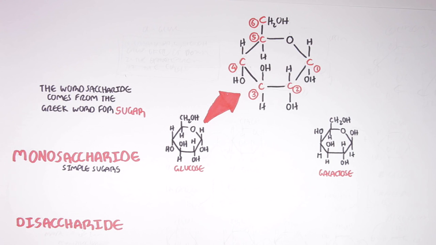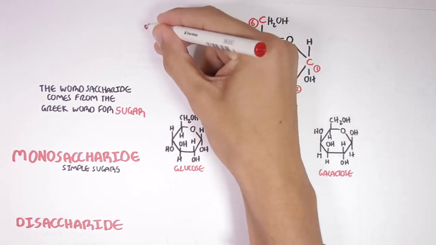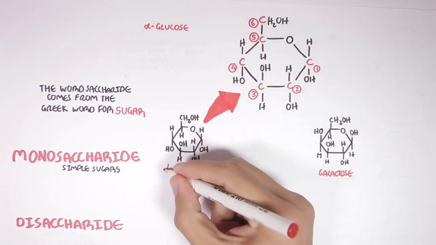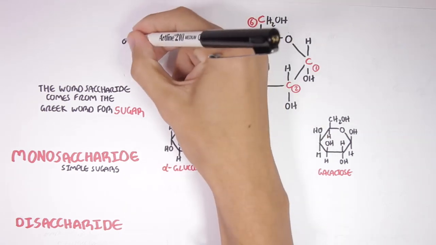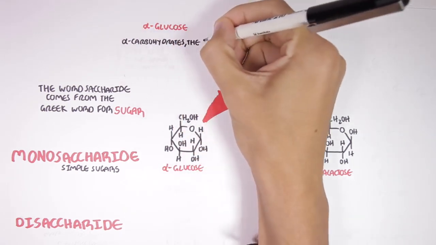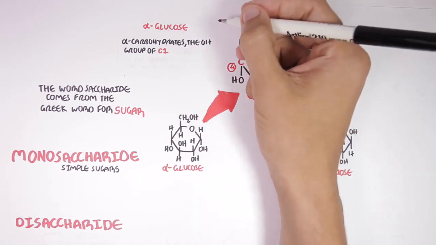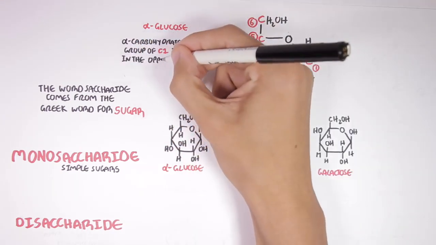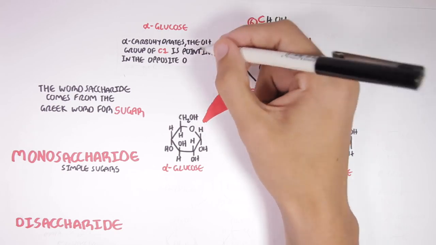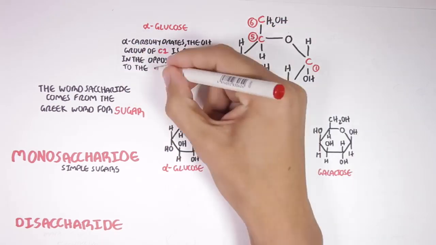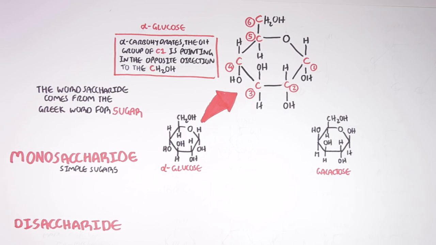This particular type of glucose is actually an alpha glucose because it has an alpha configuration. Alpha carbohydrates is where the hydroxyl group, the OH group of carbon number 1, is pointing in the opposite direction to the carbon number 6.